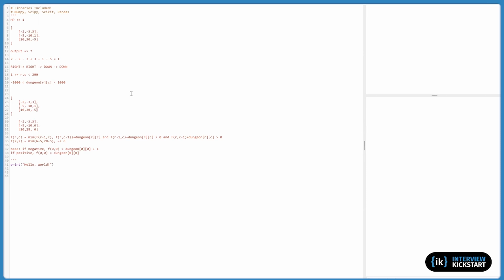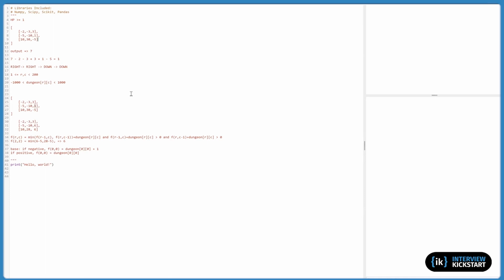I know I'm going to decrease by 5, so I took the inverse of this number and then added it to this one. By inverse, you mean the negative? Yeah, the negative of that number. Okay.